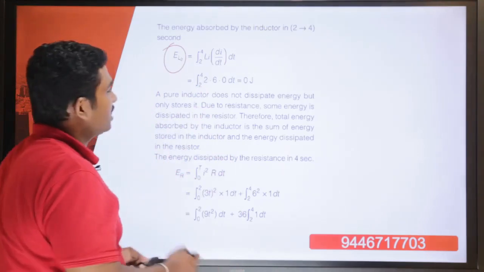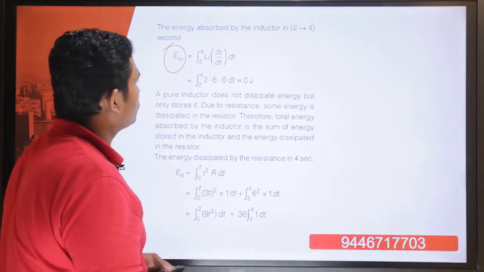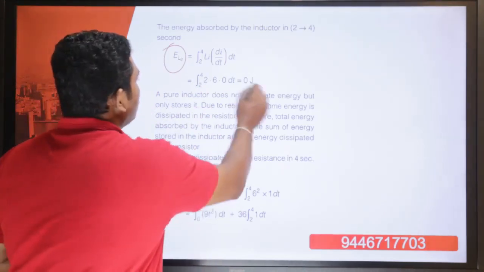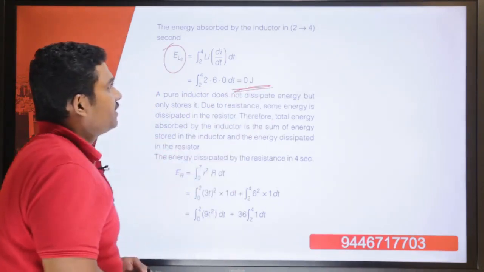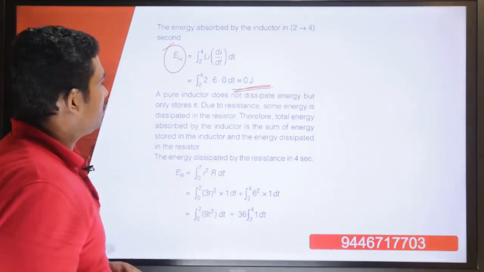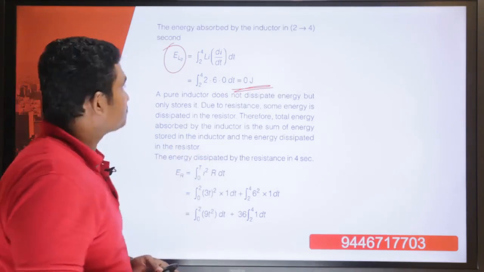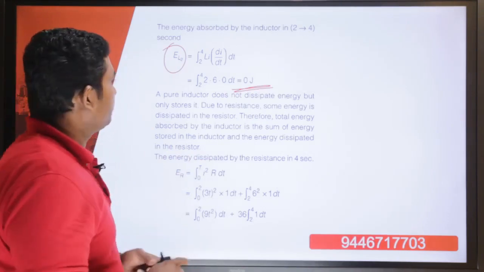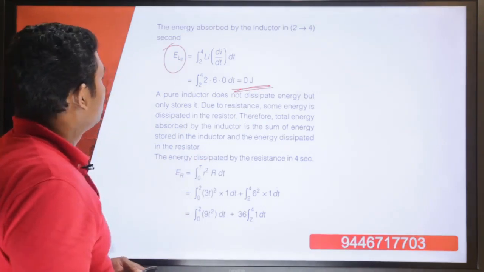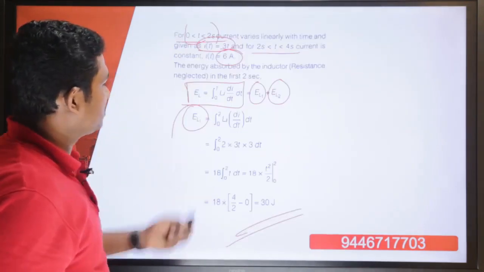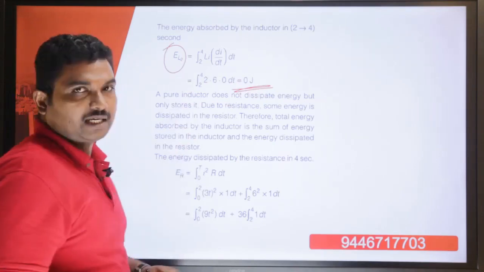From 2 to 4 the current is constant, so di by dt is 0 and EL2 becomes equal to 0 joules. We have obtained EL1 as 30 and EL2 as 0.